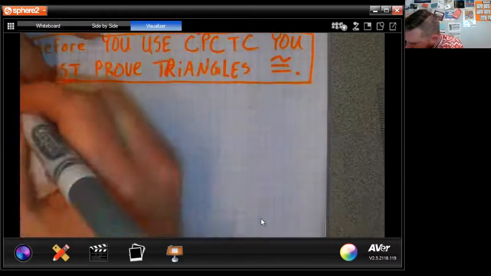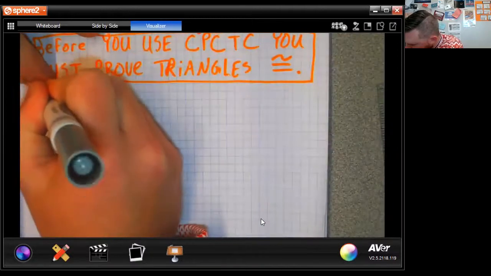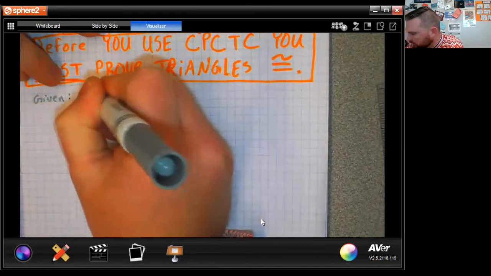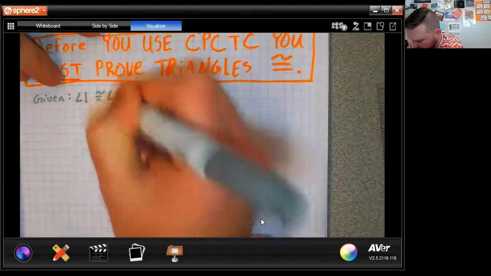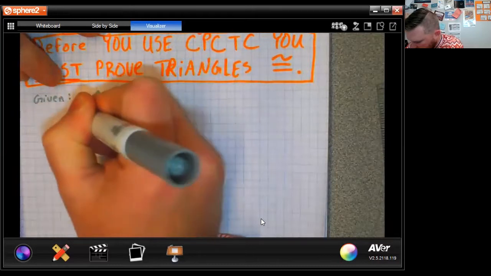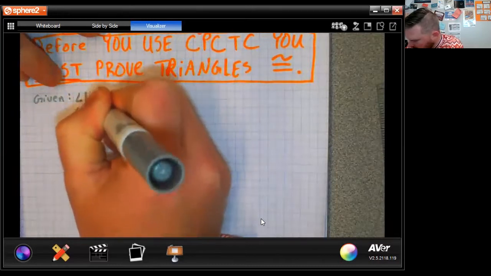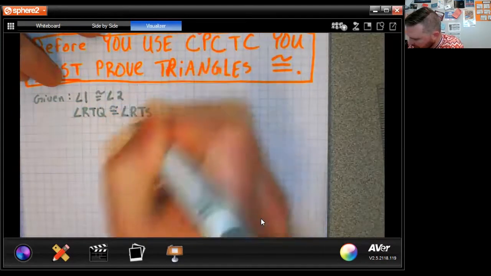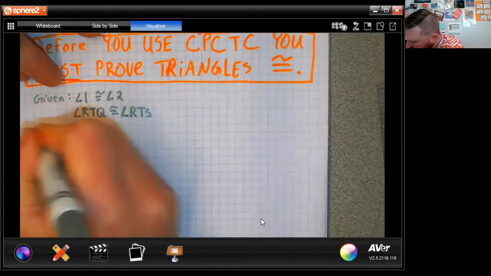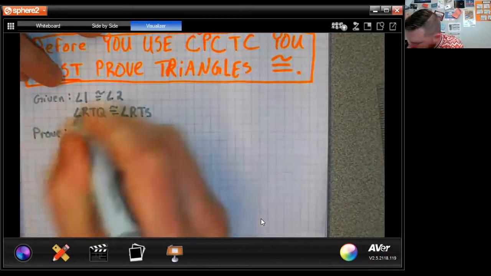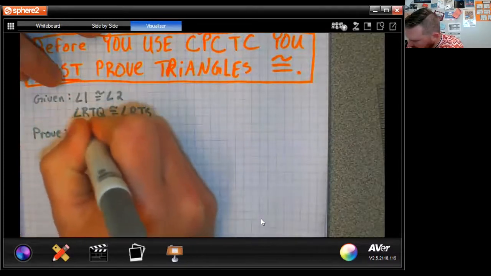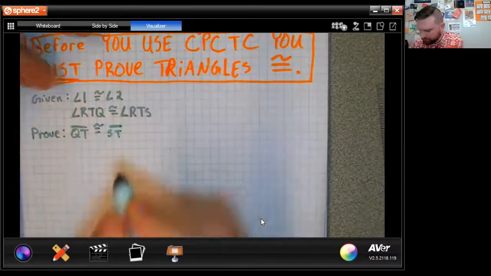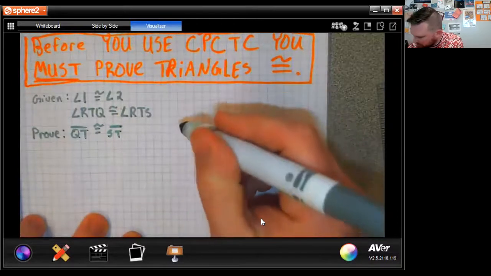Given that angle 1 is congruent to angle 2 and angle RTQ is congruent to angle RTS, we need to prove that segment QT is congruent to segment ST. And they give us this picture here.